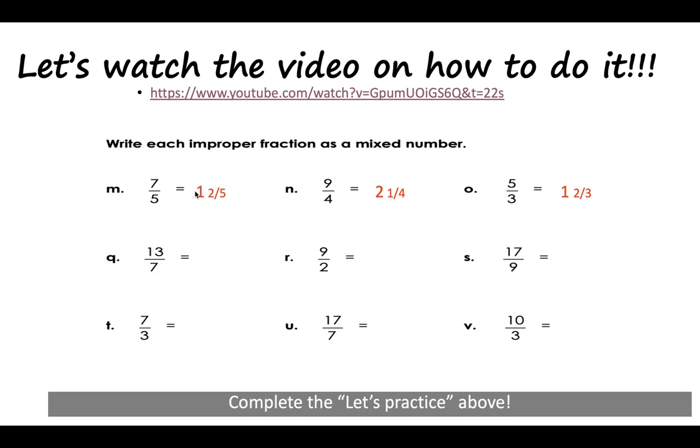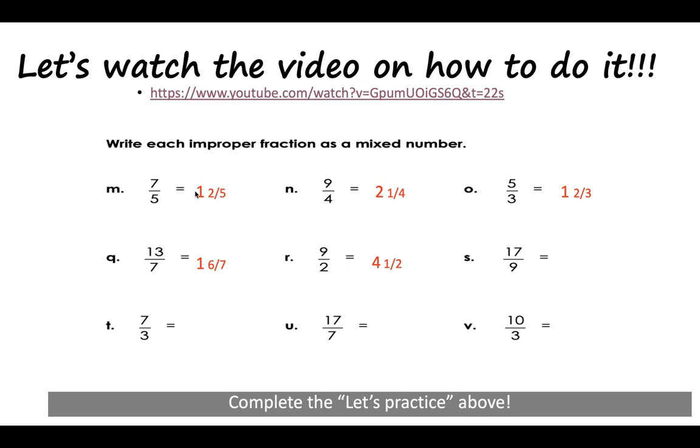Well, it goes into 13 one time, and then you have 6 left over, so it would equal 1 6/7. 9/2. How many times does 2 go into 9? 2 goes into 9 4 times because 2 times 4 equals 8. Okay, and then you have 1 left over, so our whole would be 4 with our proper fraction of 1/2. So 4 1/2.